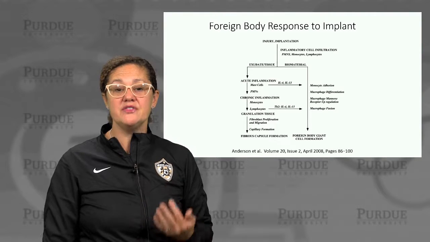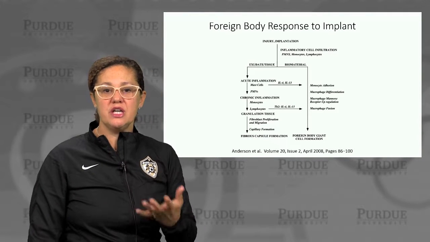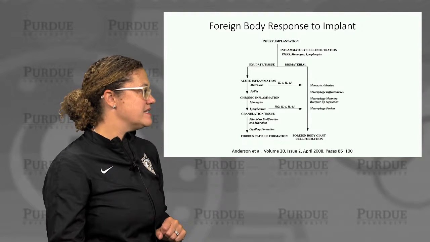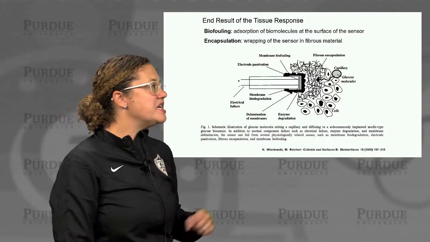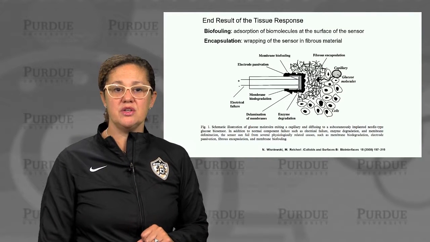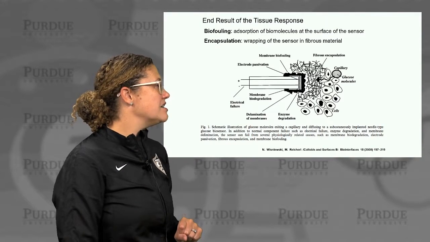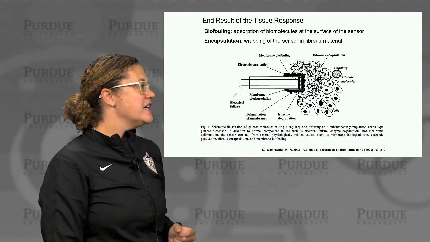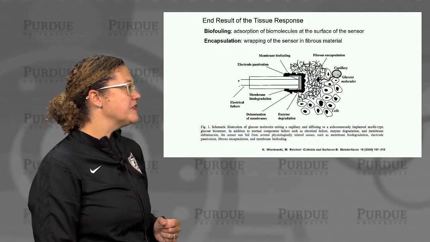Obviously, that's something we often don't want if we want a good, healthy integration of our cells and tissue and our device. The end result of a device being put into the body is often this sort of encapsulation and fouling due to the fibrous capsule that's formed around it.